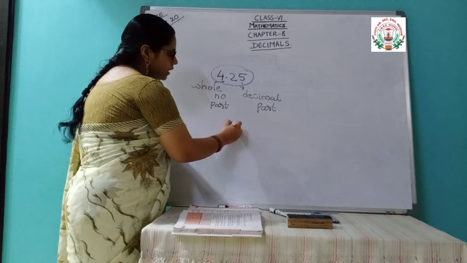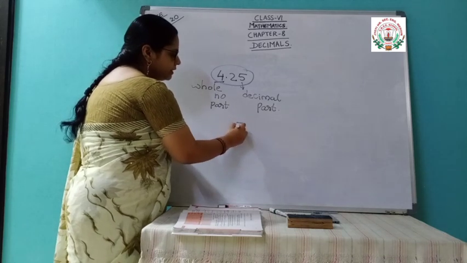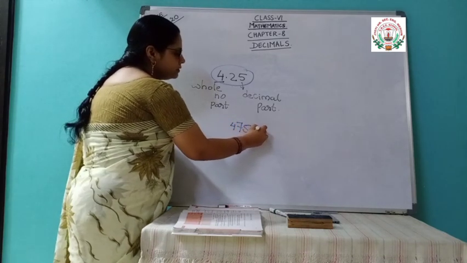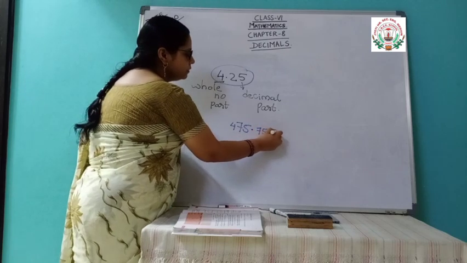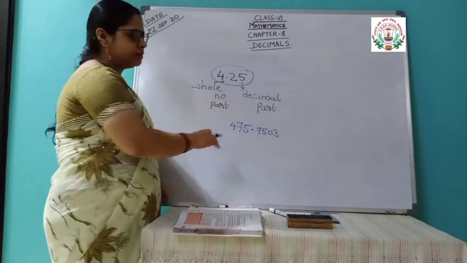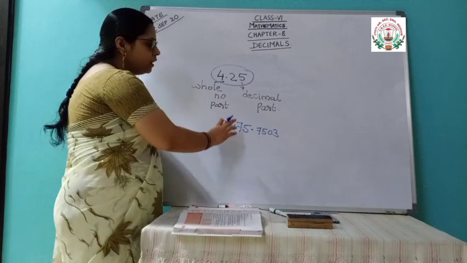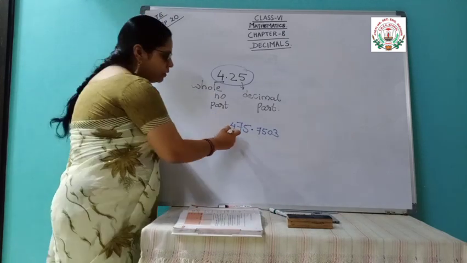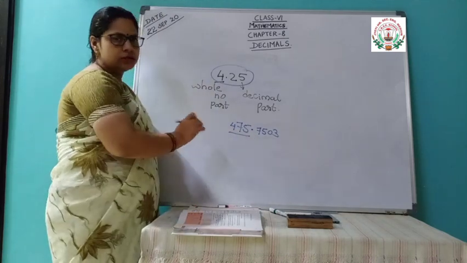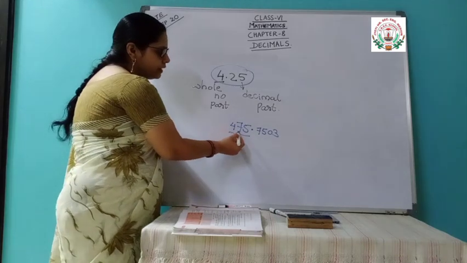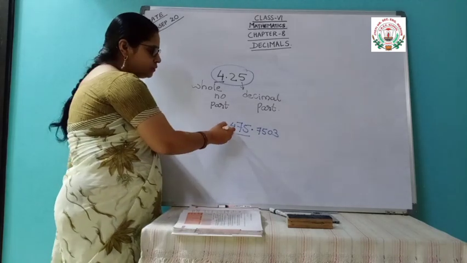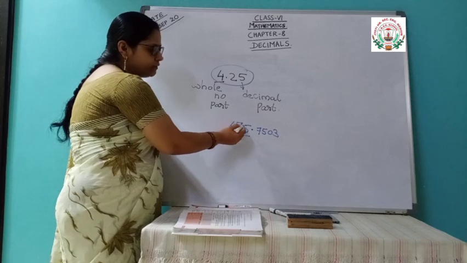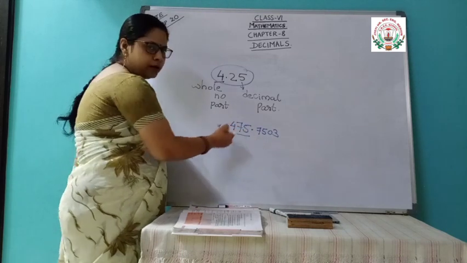Or suppose I am writing 475.7503, any number I have written. We read the whole number part all together, 475. Then the decimal comes.